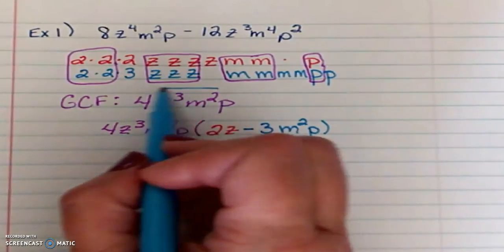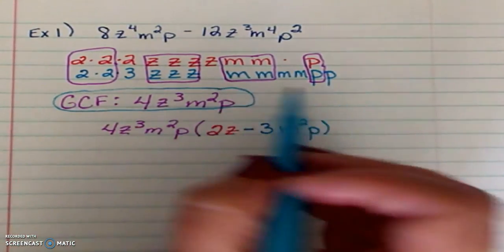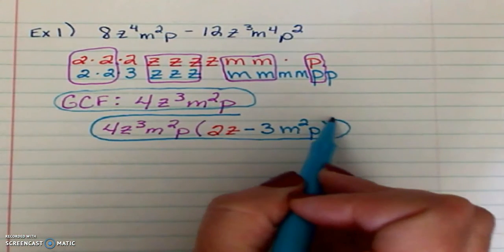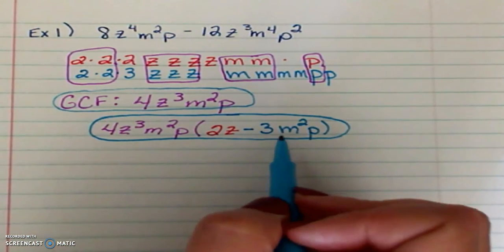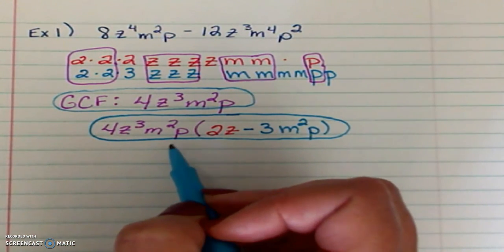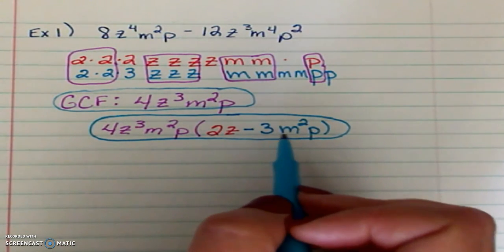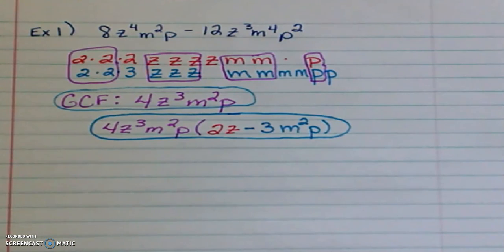So here's your greatest common factor, which is what they're talking about in this lesson, but the next lesson asks you to factor it out, which leaves you with this second answer of 4z cubed m squared p times the quantity 2z minus 3 m squared p.